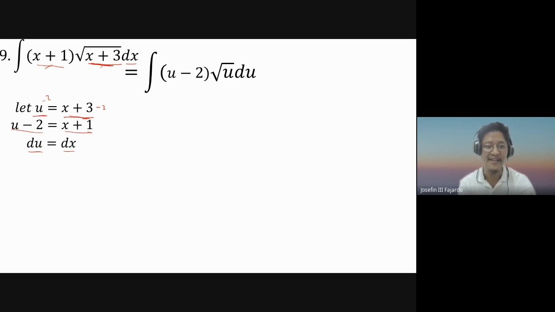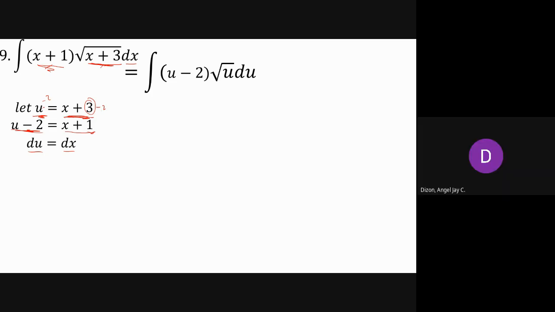So para makakuha tayo ng x plus 1, from x plus 3, magbabawas lang tayo dito ng 2. Si 3, binawasan ng 2, magiging 1 lang yun. So dahil nagbawas tayo dito ng 2, magbabawas ka rin sa kabilang side ng 2. Kaya nagkaroon ng u minus 2 ay equal sa x plus 1.